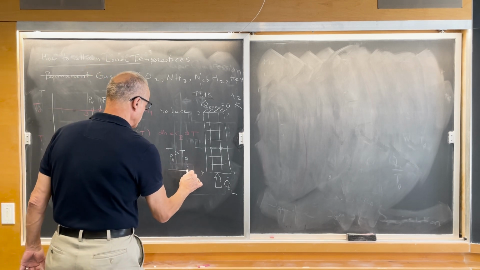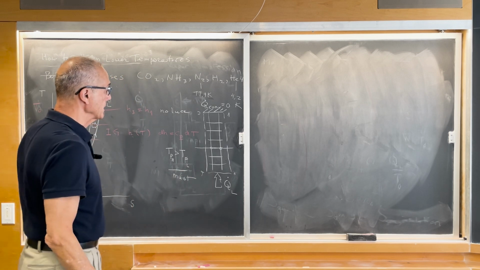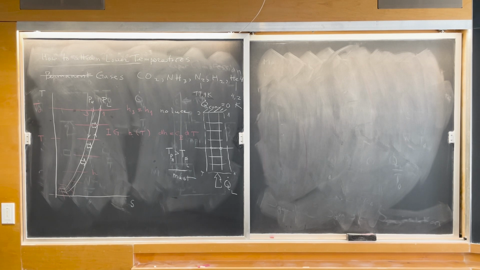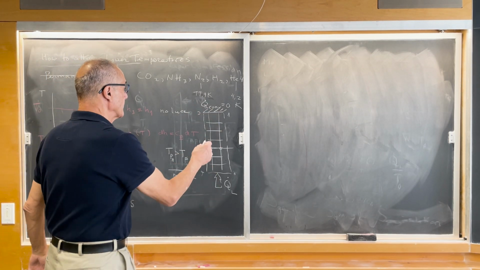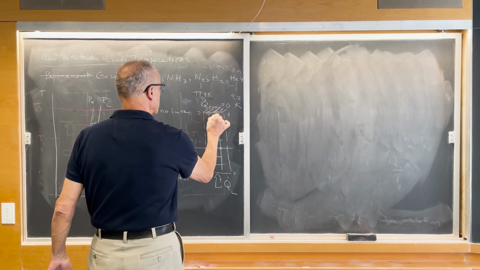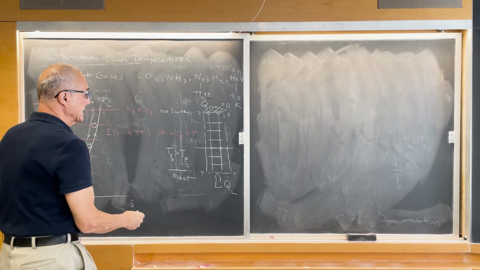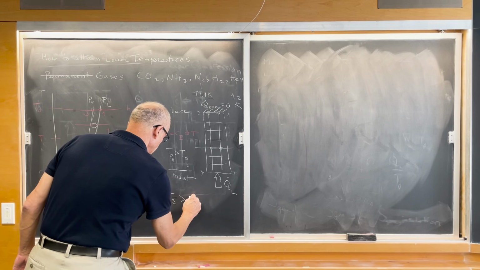This is a must. And of course, the same requirement applies at the very top of the column, where the names for these two temperatures are T3 and T1. And that means that T3 must be bigger than T1.